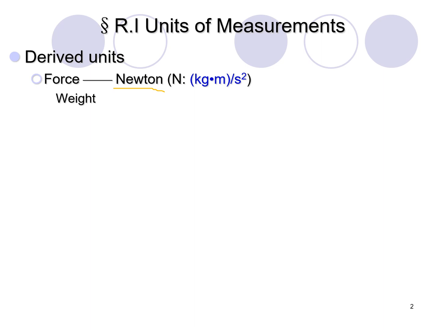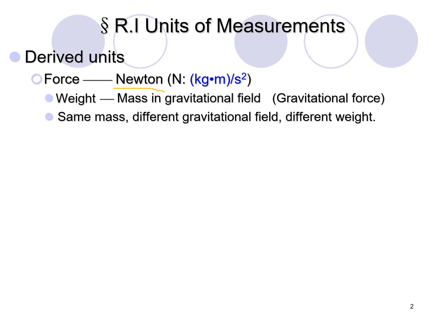Weight actually is the consequence of mass in a gravitational field. In other words, weight is a gravitational force exerted on mass. Even an object with the same mass could have a different weight when it is in a different gravitational field.